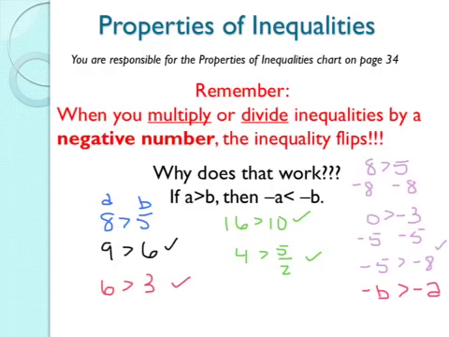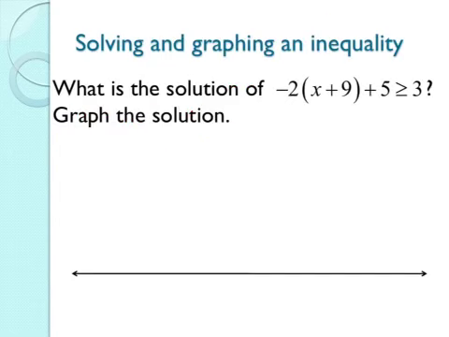Now remember, we talked about this. We can actually rewrite this as -A is less than -B. So comparing this to the initial statement here, I multiplied or divided each side by -1, and the inequality sign happened to flip.